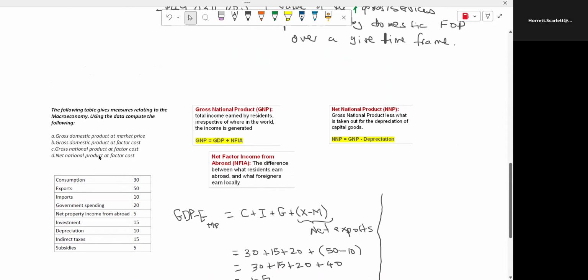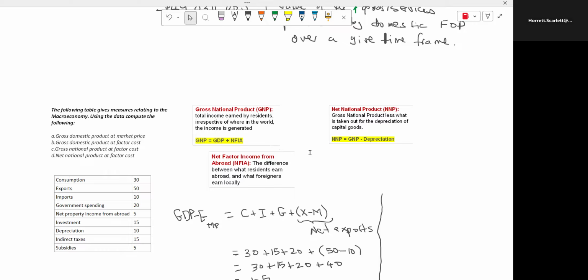The other thing that we need to compute here are gross national product and net national product. And we want to look at these at factor cost. So let's get some definitions out of the way. Whenever we talk about gross national product, we're talking about the income that is earned by the residents.